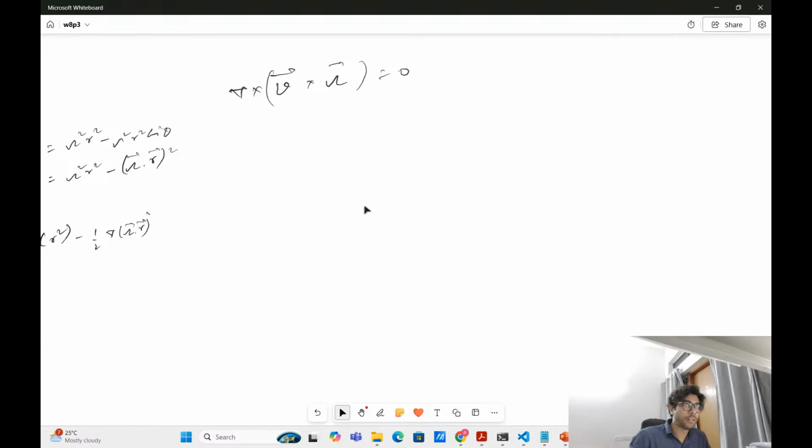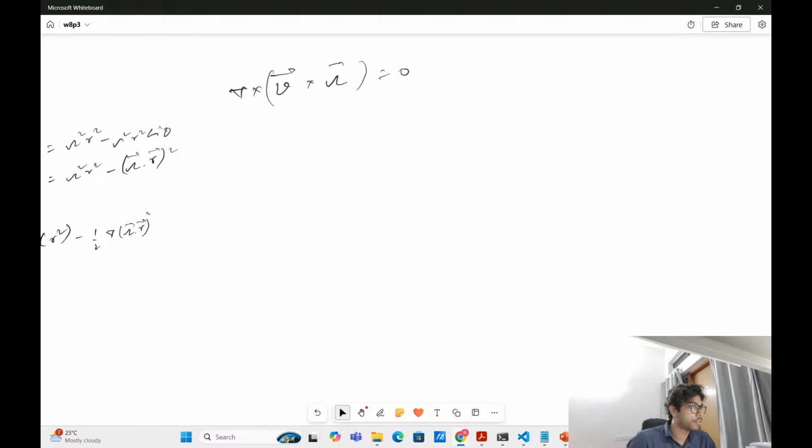If you remember the vector identity, you can always check this out. Well, I actually have to check what the identity is.